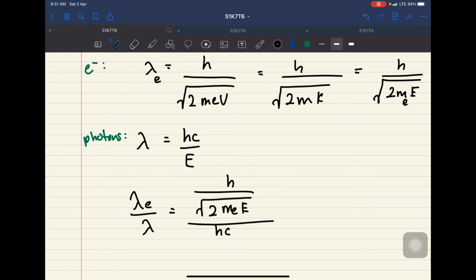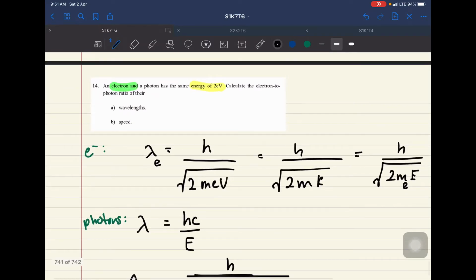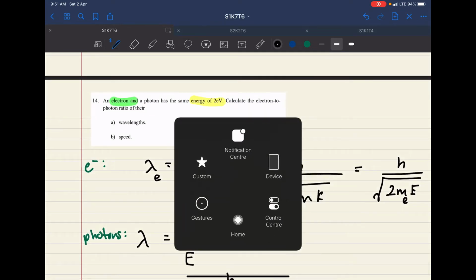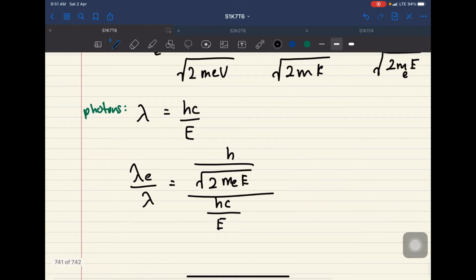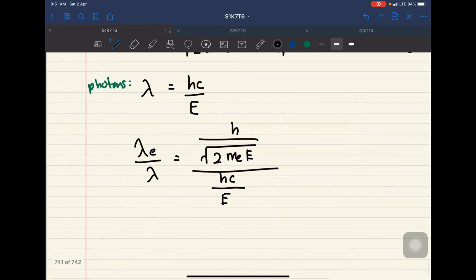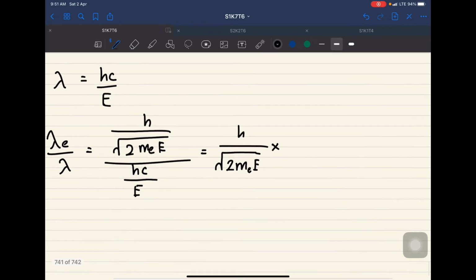And then again, you can substitute the values of E if you want to, but I prefer to cancel out first. E is given in eV. So I can cancel out the h, or maybe I can rearrange this one. I leave the above here as it is, and because this one is division, I just put it upside down.